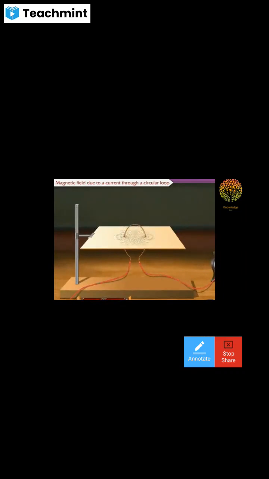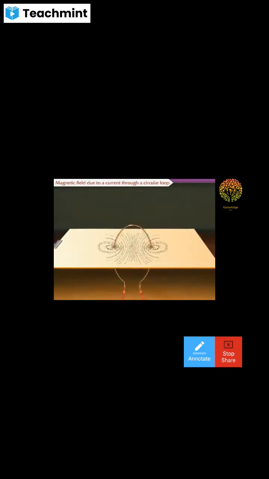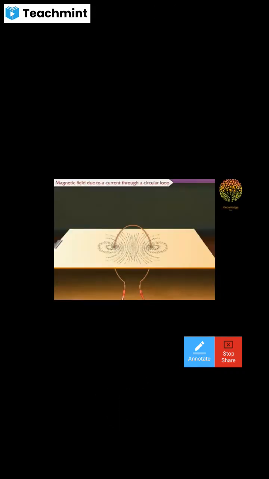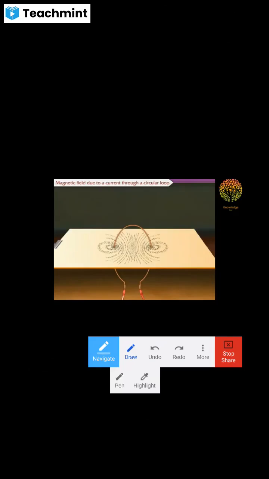They tapped it slightly. Can you see the shapes? Here you can see concentric circles, just bigger and bigger circles. But as they come nearer and nearer, can you see there? It has formed straight lines here.